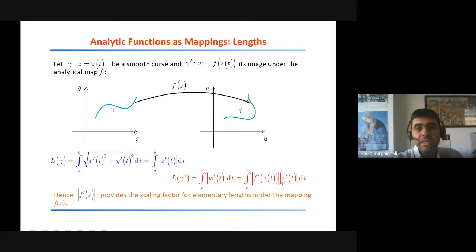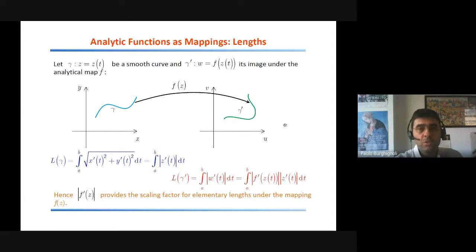which tells you what is the meaning of the absolute value of your holomorphic map, so of the absolute value of the first derivative of the function f of z. The meaning is that this quantity provides you the scaling factor for the elementary lengths, because as you can see, in addition to the differential with respect to the parameter t in the last integral, you also have this absolute value of f prime of z, which gives you the elementary length of gamma prime.